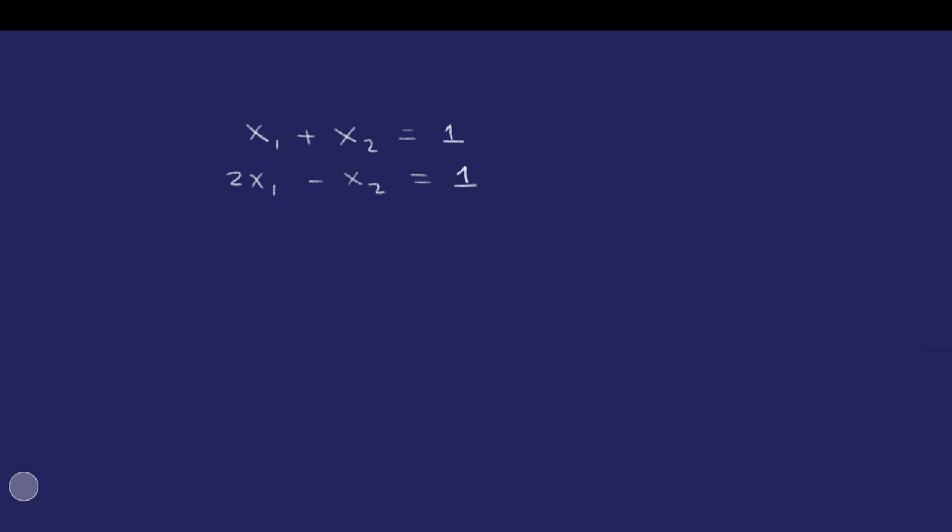It turns out to be a great way to eliminate variables, and it's a fantastic starting point for linear algebra. For example, if you add the first equation to the second equation, it would eliminate the x2 variable. What would you get if you added the first equation to the second equation?